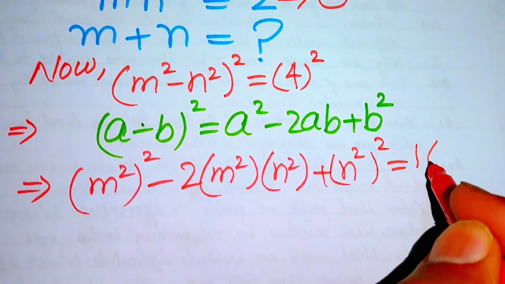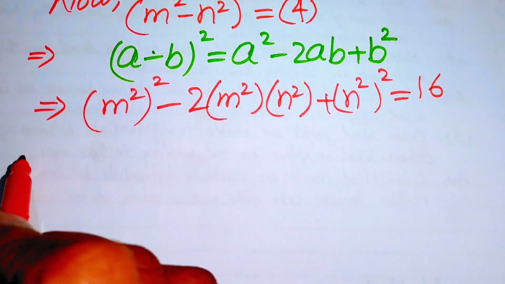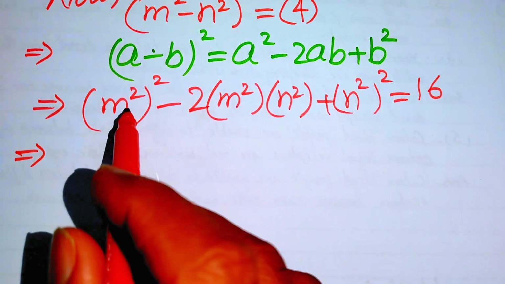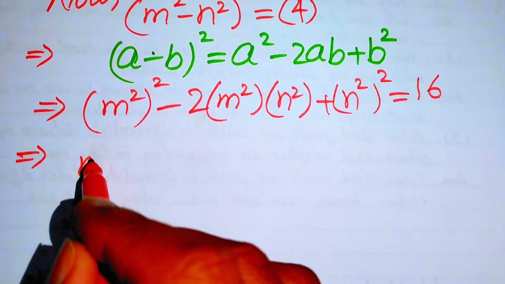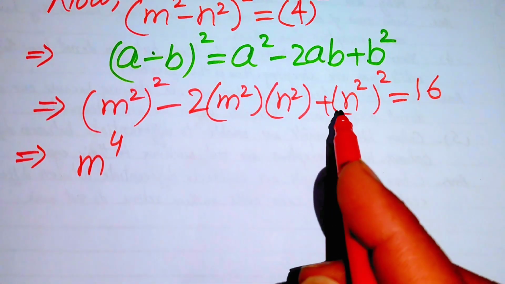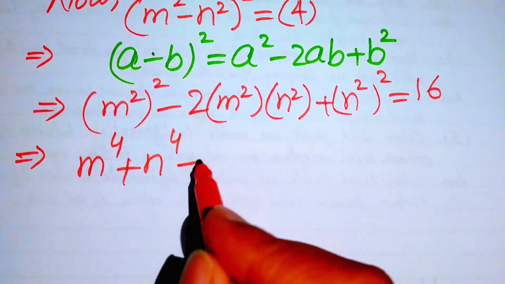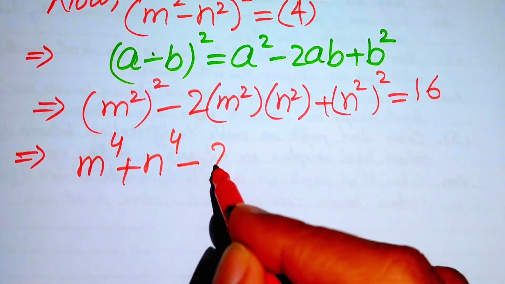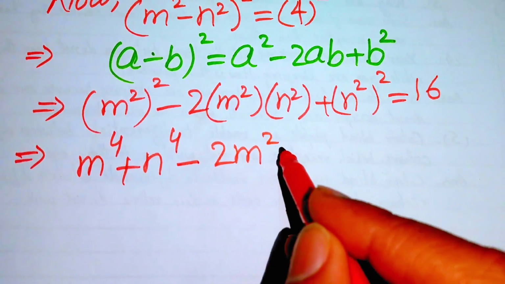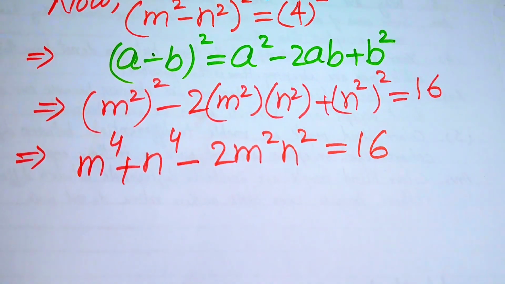the square of 4, which becomes 16. And now in the next step, we write this m square and its whole square as m to the power of 4, because these two exponents are multiplied by each other, and similarly this expression becomes n to the power of 4 minus, here you get 2 times m square into n square equals to 16.